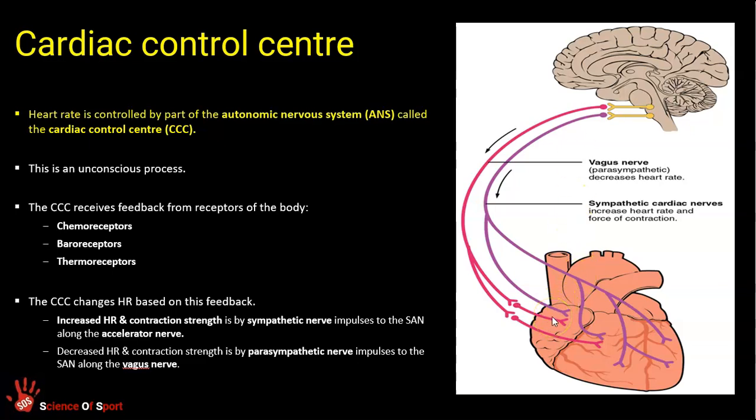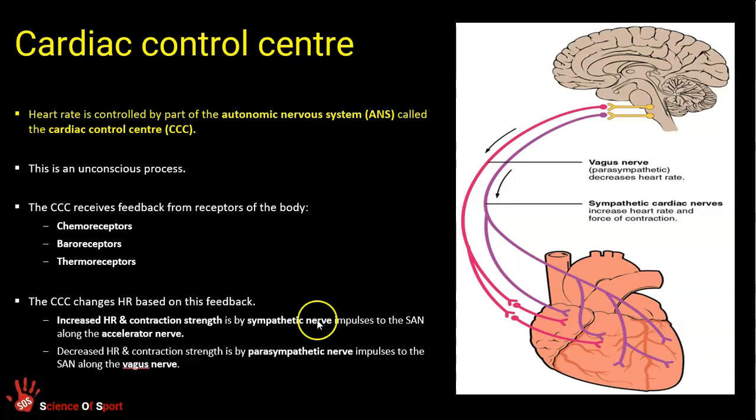That's exactly the same as in the respiratory system, where chemoreceptors gave feedback to the respiratory control center, which sent nervous impulses and instructions to the respiratory muscles to make you breathe faster or deeper.